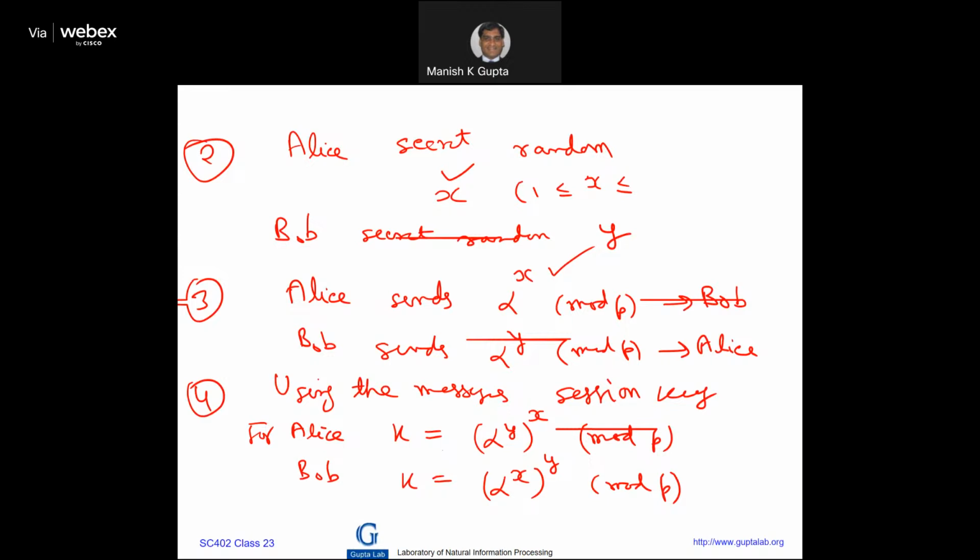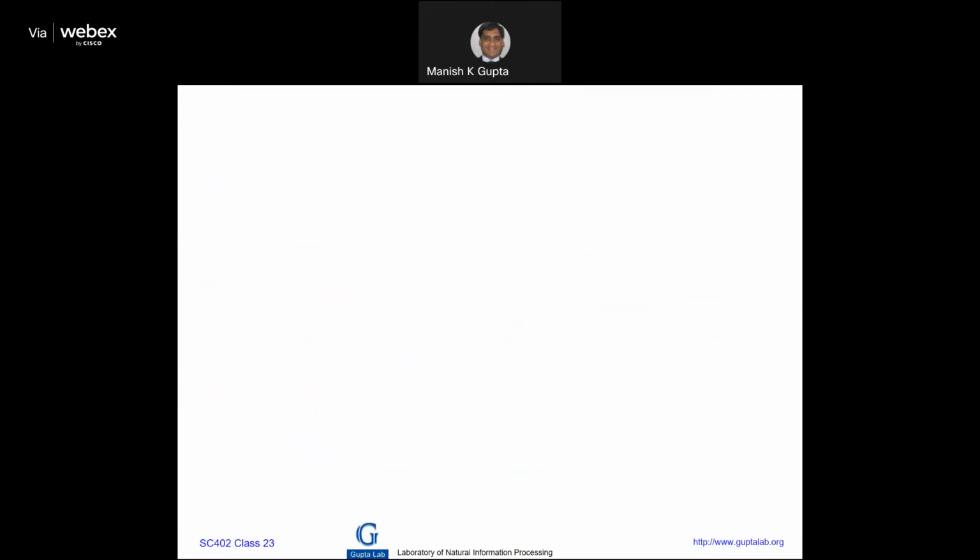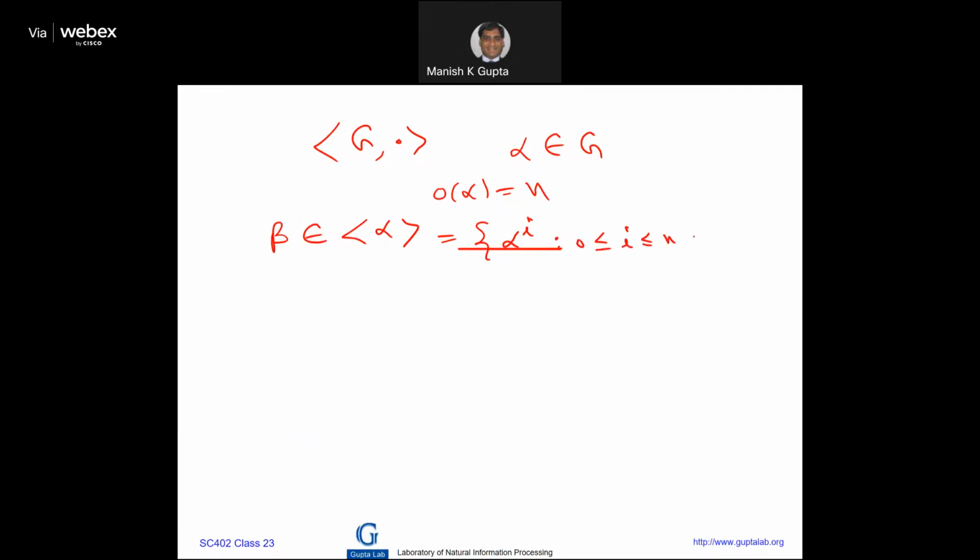So now I think this was the key exchange problem. So formally, I can define discrete log. G is a multiplicative group, alpha is an element in G, and suppose the order of alpha is n. That means you take beta, so alpha generates basically the whole group G. This is nothing but alpha raised to I, such that 0 less than or equal to I less than or equal to n minus 1.